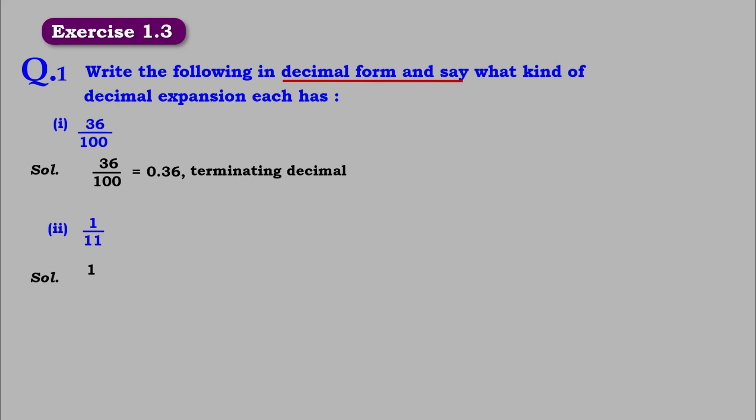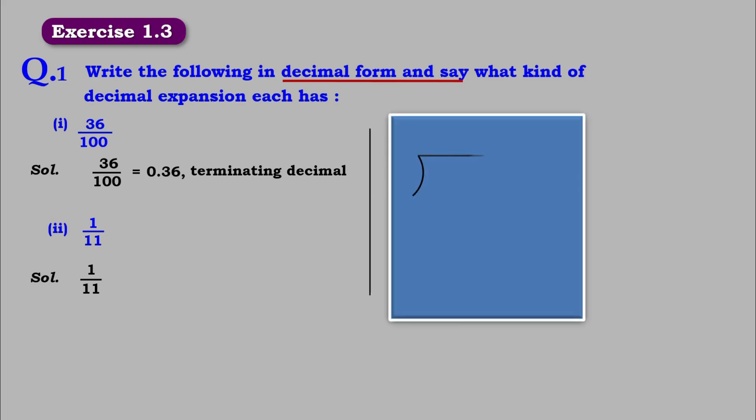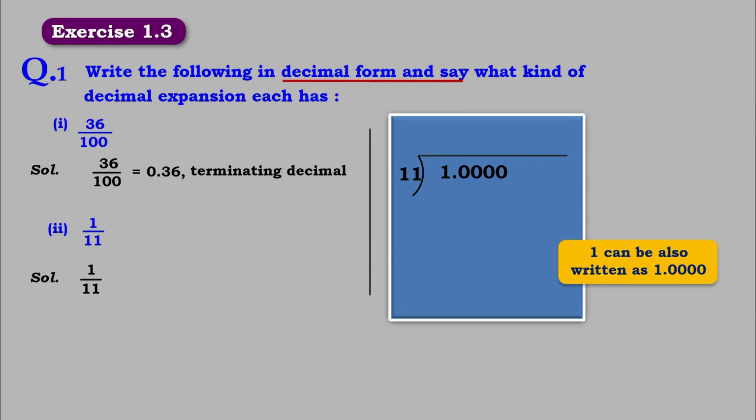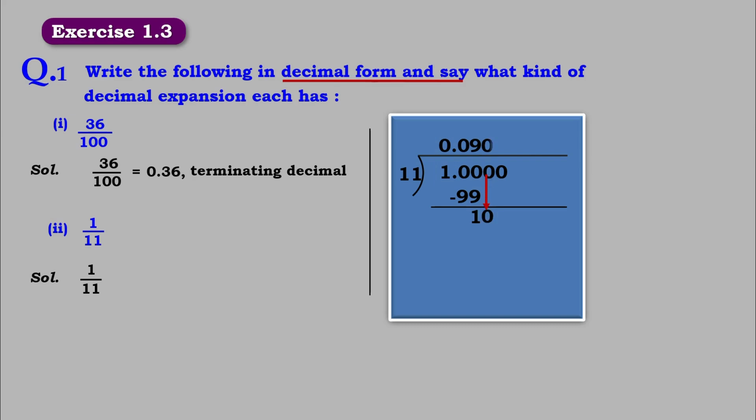Now 1 by 11. Let us solve this. Let us divide this. 1 can also be written as 1.0000. Now take a look at the division process.